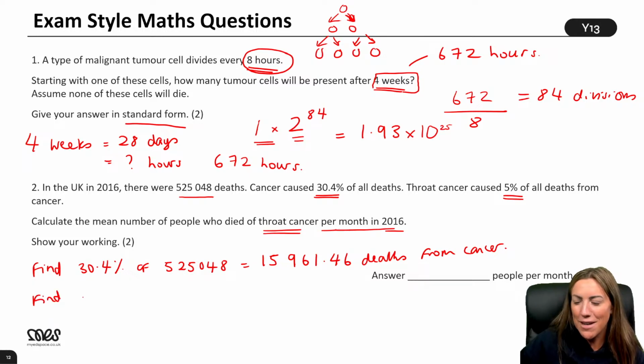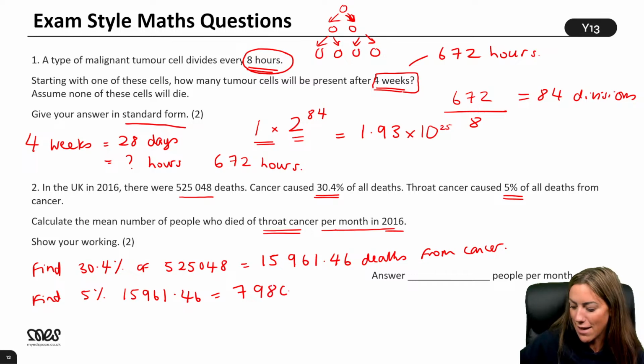Now I'm going to continue to step it out for those people that don't get it. Now I'm going to find 5% of 15,961.46 because I know 15,961.46 deaths were from cancer, and I know that 5% of those deaths were from throat cancer. So now I'm going to find 5% of that. Let's hope I'm doing this right, guys, and I get the same answer as you.